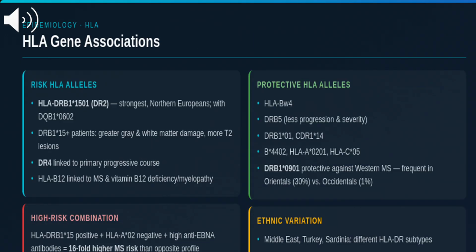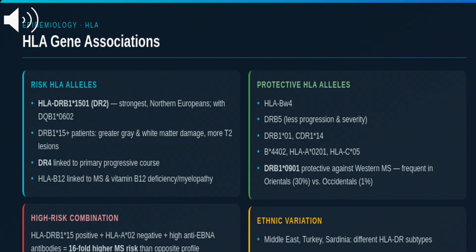The human leukocyte antigen system represents the strongest genetic association with MS, and understanding the specific alleles involved has both diagnostic and prognostic implications. The most powerful HLA risk factor for MS in Northern European populations is HLA-DRB1*1501, commonly called DR2, often occurring in conjunction with DQB1*0602.